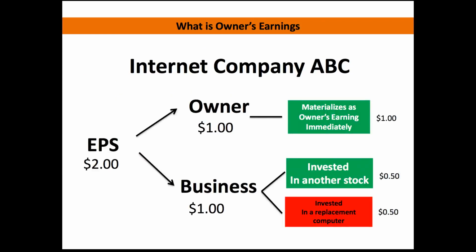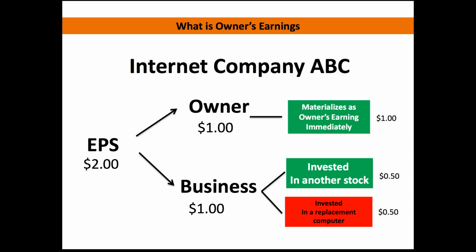So same concept, but I have it color coded here. You can see how the dollar that was paid to the owner as a dividend is green, so that's our owner's earnings. When we go down to the dollar that was invested into the business, only half of it turned into owner's earnings. That money that was invested in the stock pick was additionally added onto our balance sheet, okay, whereas with the 50 cents that was invested in the new computer, the old computer was taken off the balance sheet and discarded, and the new one was purchased and put in its place, and we didn't see any book value growth based off of that.